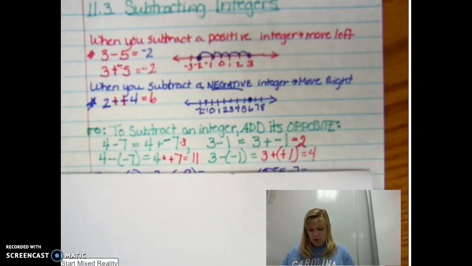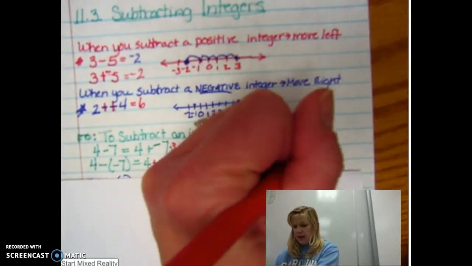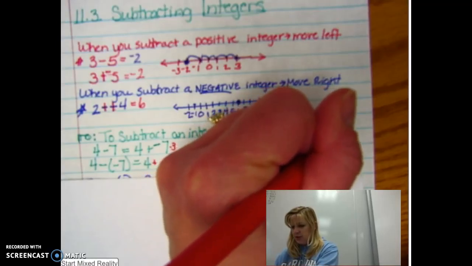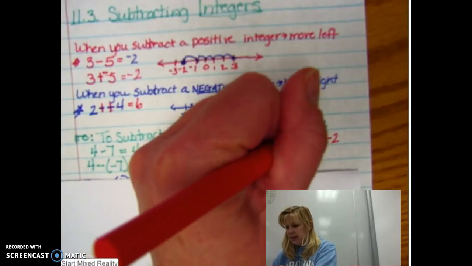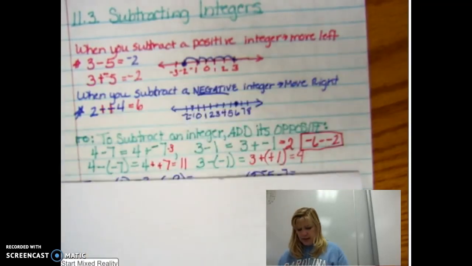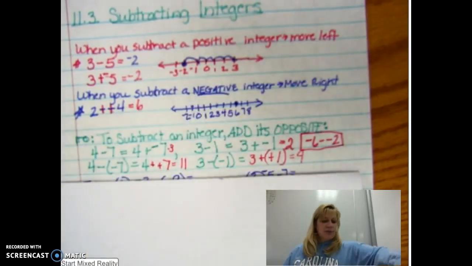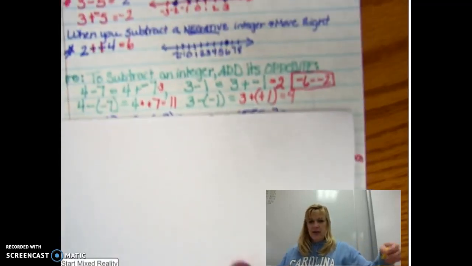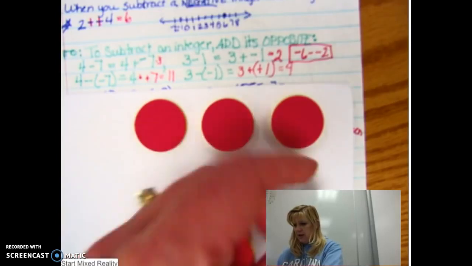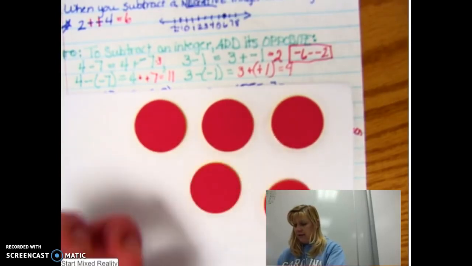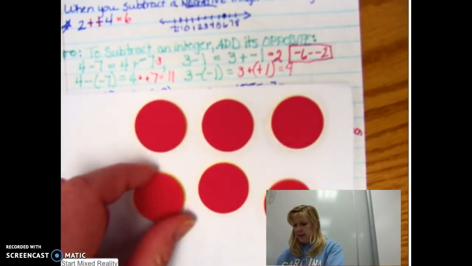What I want to show you is a model of negative 6 minus a negative 2. I'm going to use those chips I used in the last lesson. So I'm going to do 1, 2, 3, 4, 5, 6.